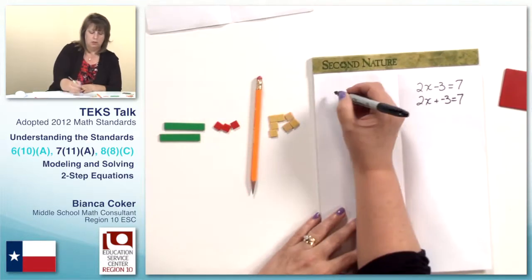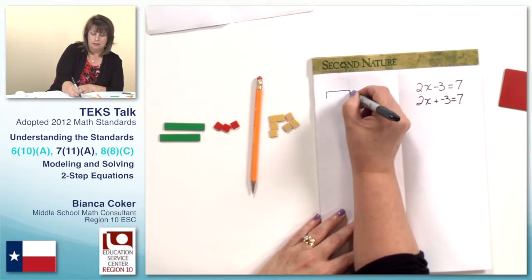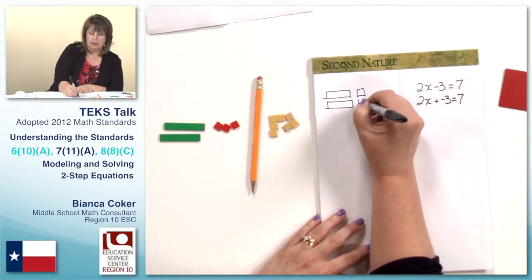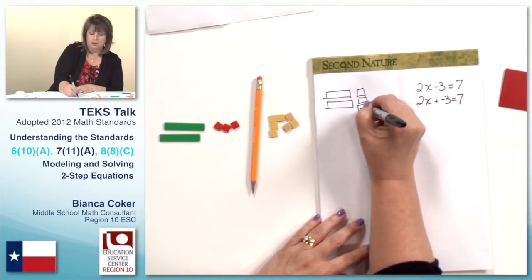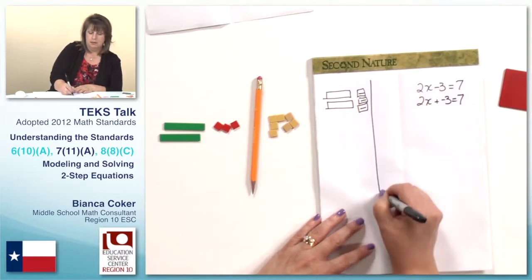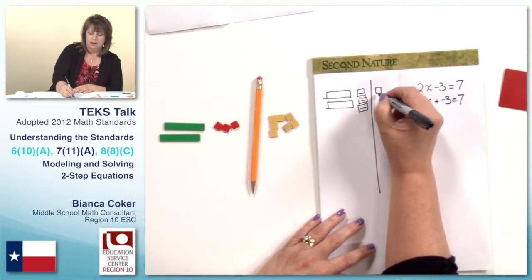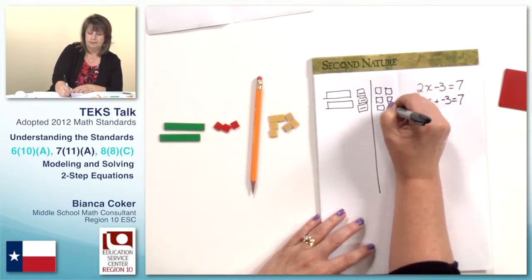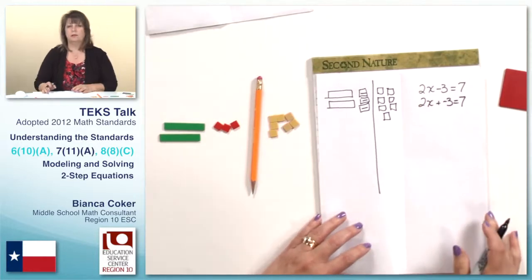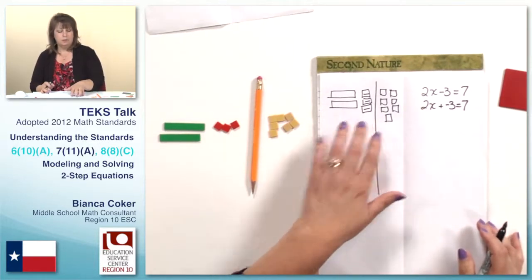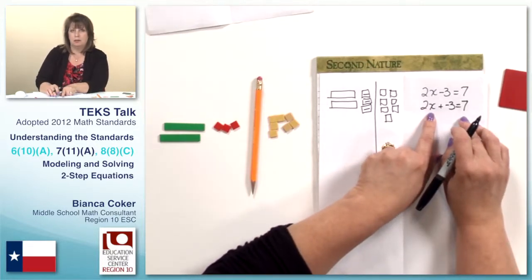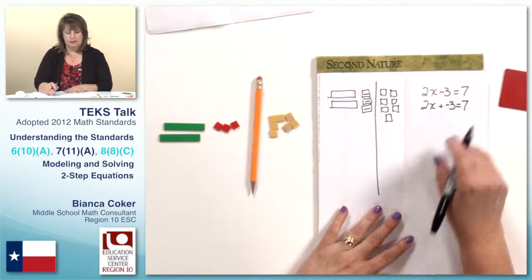So our pictorial model will look something like this. 2 x bars, 3 negative 1s, so put the negative sign in the middle, an equal sign, and 7 positives. Ooh, my squares get rough after a while, don't they? All right, so this picture represents this physical model, represents this symbolic model. They should always be connected.